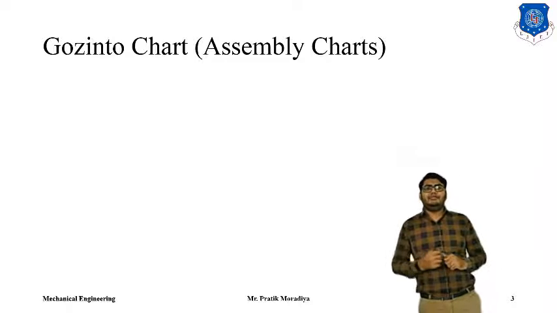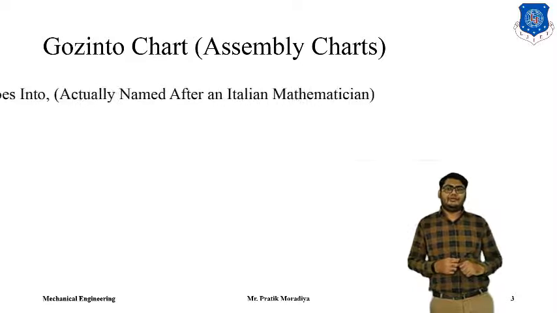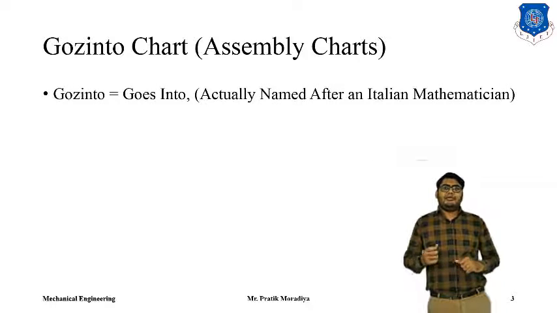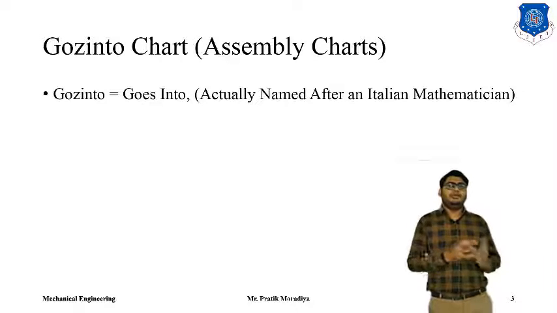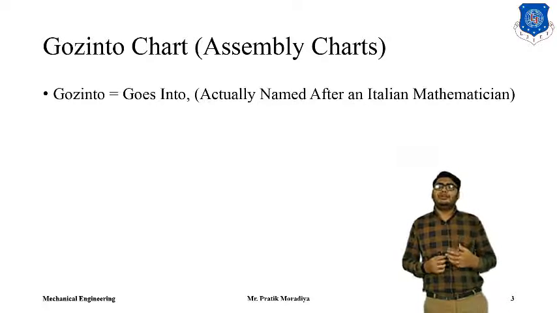Now, as it is very useful in assembly, it is also known as an assembly chart, and we can say that goes into means goes into. What goes into where? That answer will be given by this Goes Into Chart.